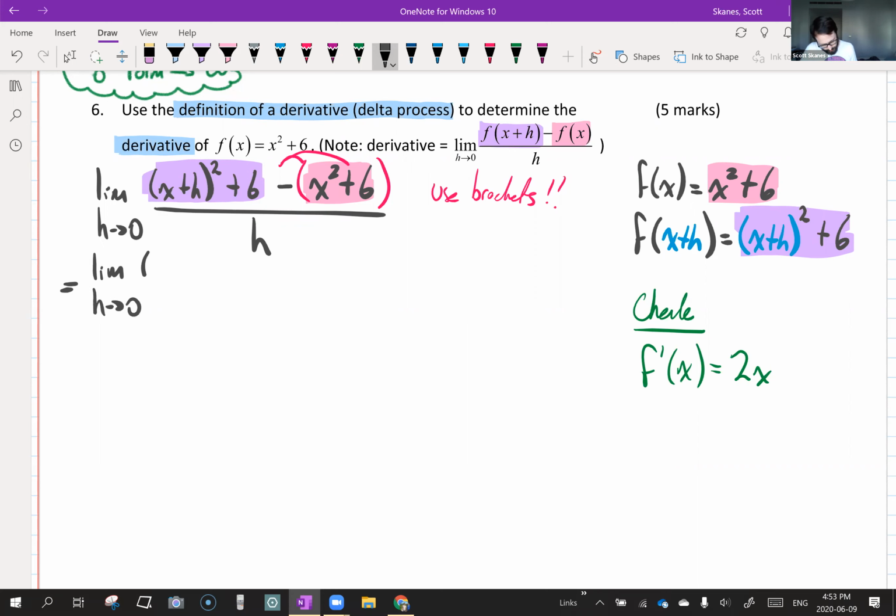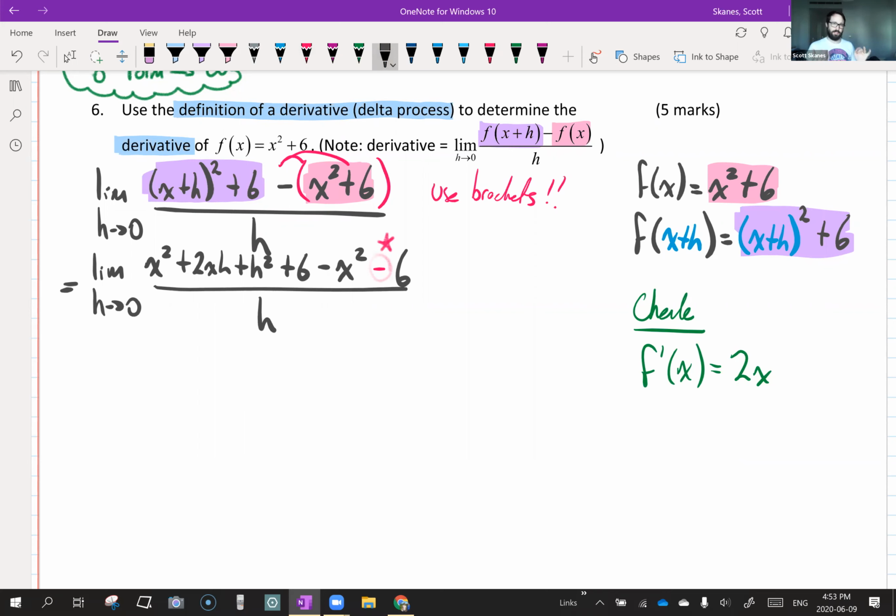Let's expand out the first term. You should know what that is by now. It's the first term, so you don't need brackets. Plus 6 minus x squared minus 6. That minus is extremely important. Many students miss it, so be careful. All over h. And let's do our canceling game.